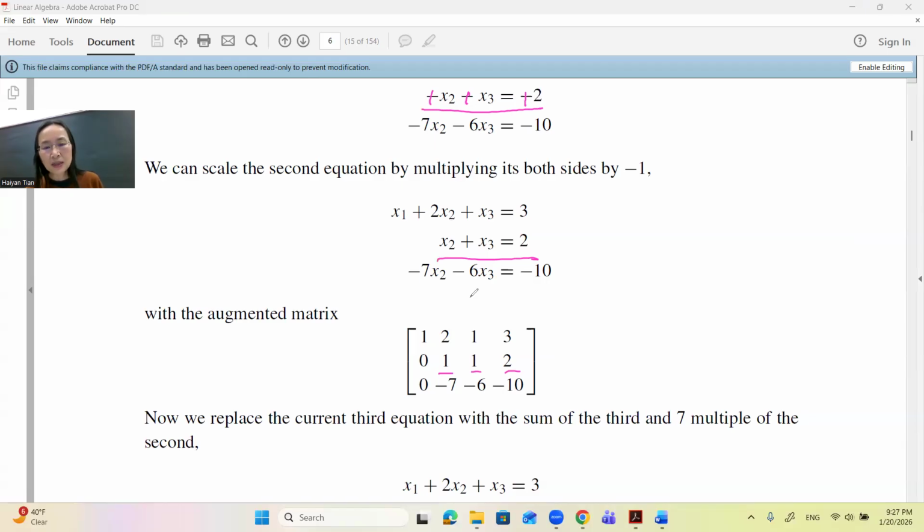And that's all so far. Do you realize what very simple operations we've done to the system? Swapping two equations means swapping two rows of a matrix, right?